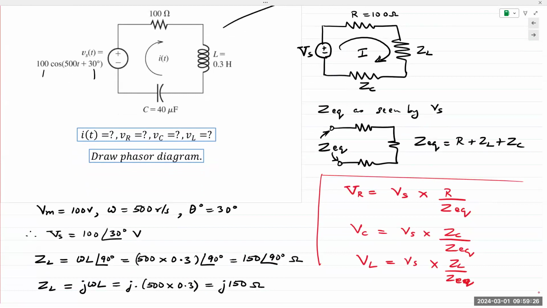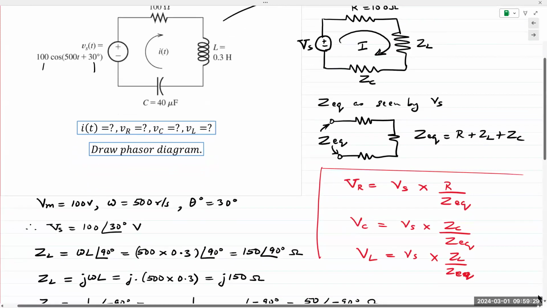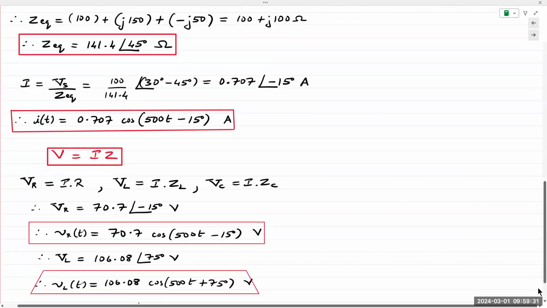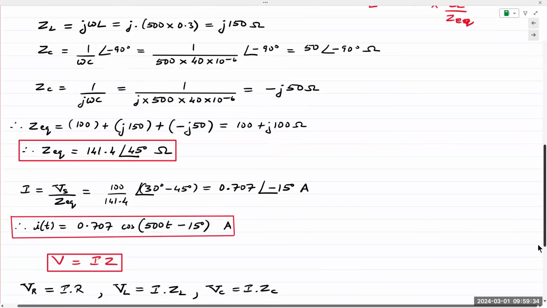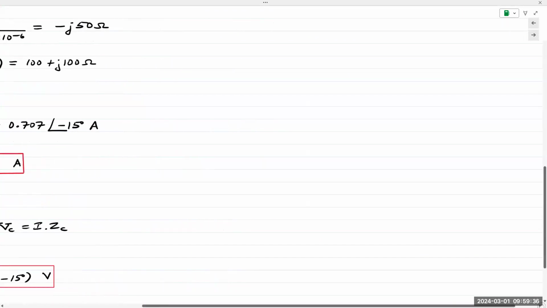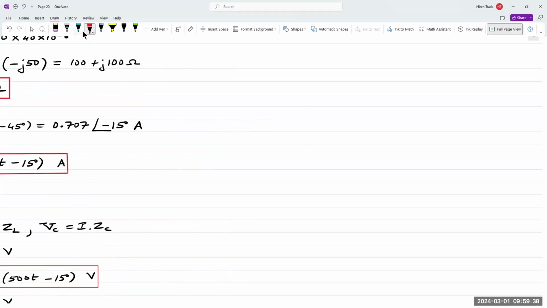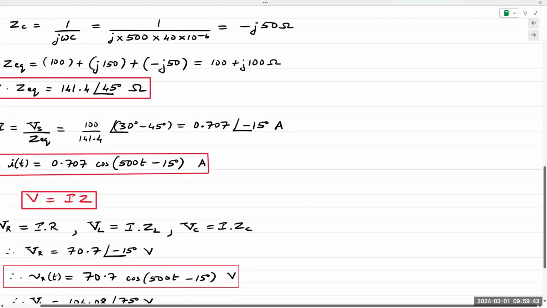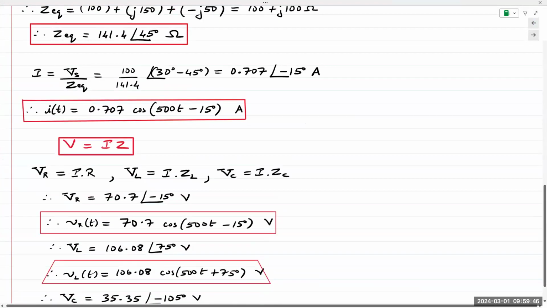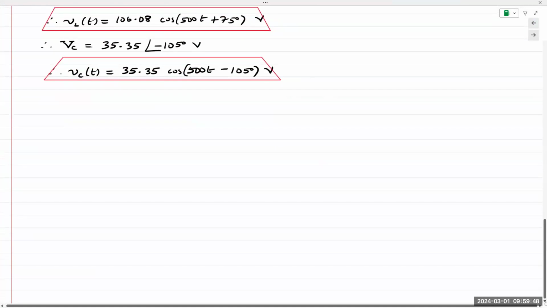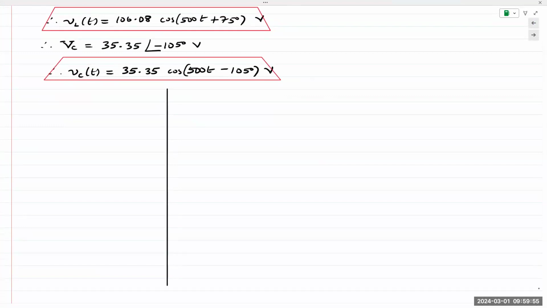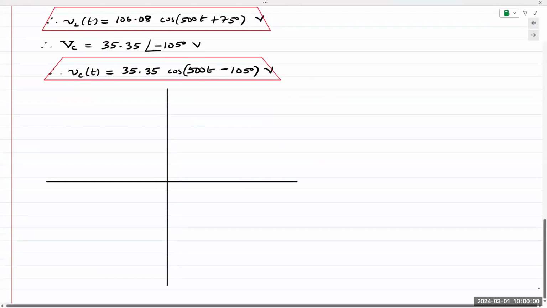One last thing remains, which is the phasor diagram. I have about 30 seconds left, so if you need to leave again, you can feel free to do so. I'll draw the phasor diagram down at the bottom.